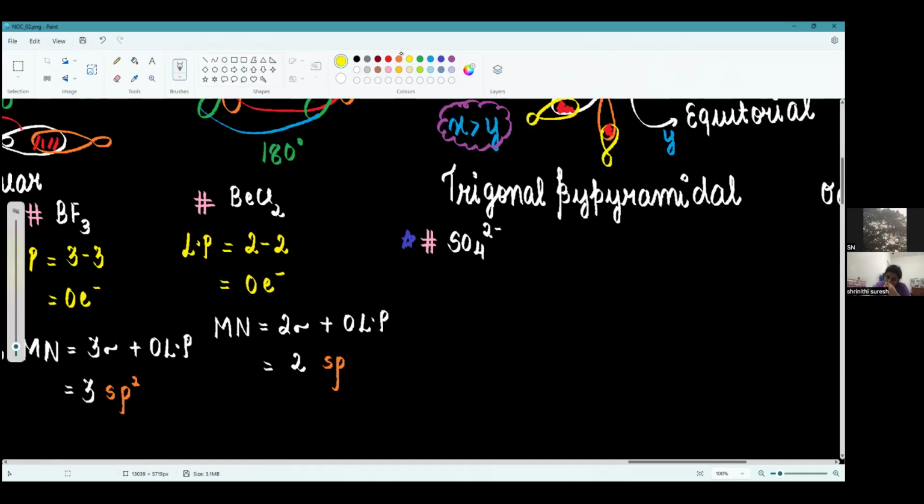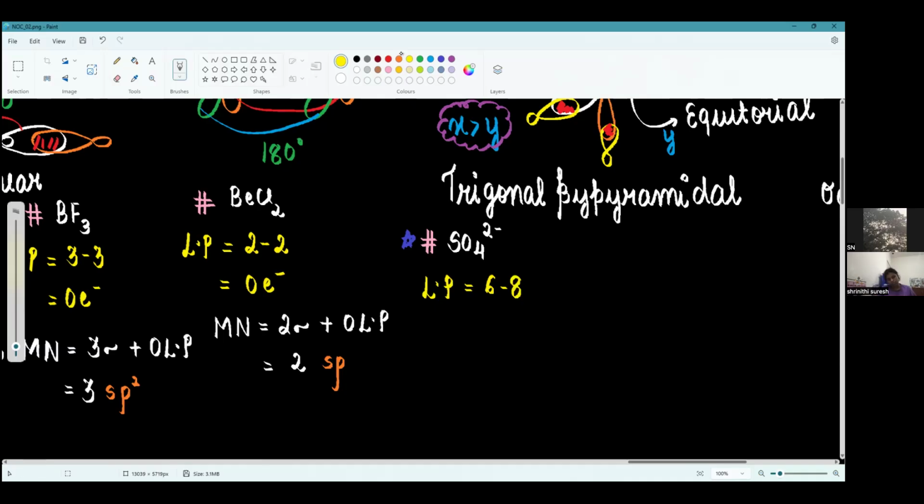So you have to be careful when finding its lone pair. The valence electrons of sulfur are 6. Now you tell me, how many electrons does oxygen share? In the table I wrote, oxygen shares 2 electrons. So 4 oxygen atoms will share 8 electrons. Correct?